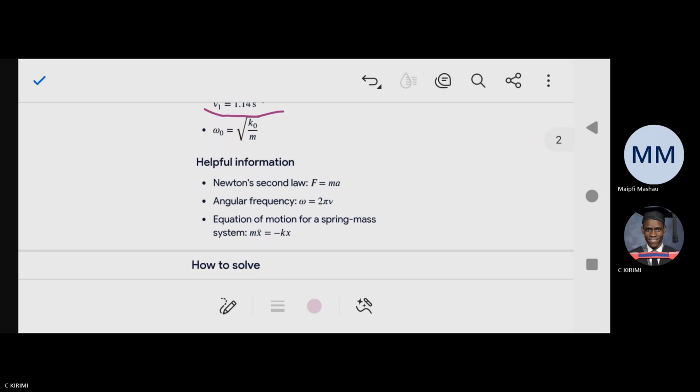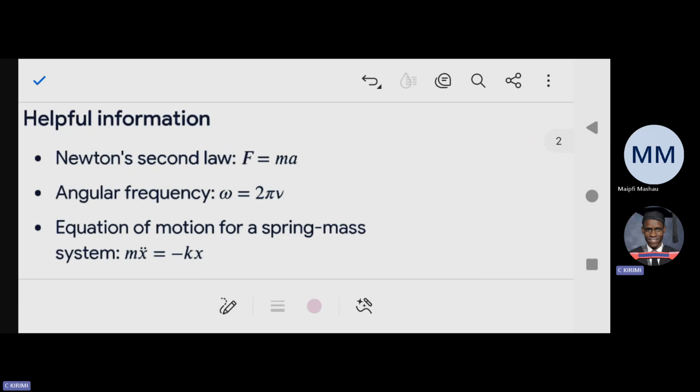Now, whenever we are dealing with these springs, we are applying Newton's second law of motion, which says F is equal to mass times acceleration, but it will be the net force. It's not just F, the net force is equal to mass times acceleration. And then omega, that angular frequency, can also be given by the formula omega is equal to 2 pi F, which means 2 pi multiplied by frequency.